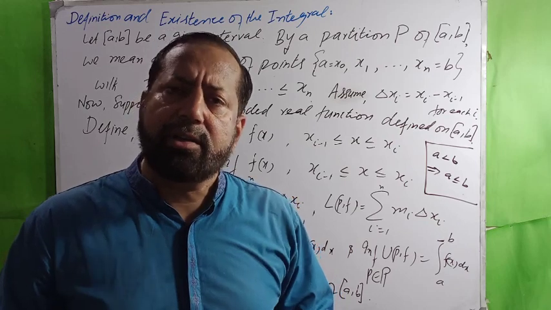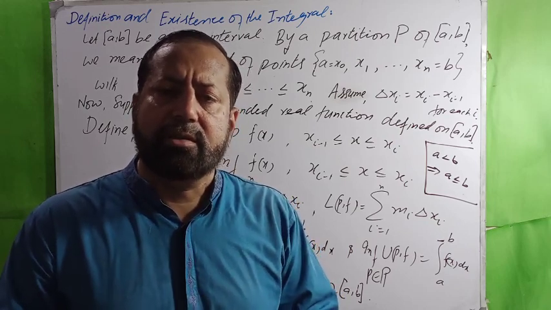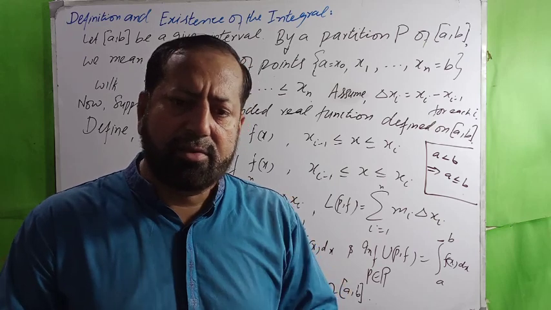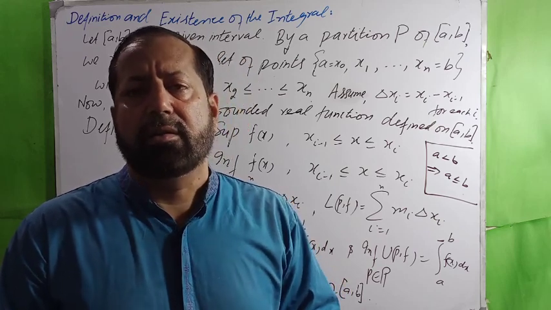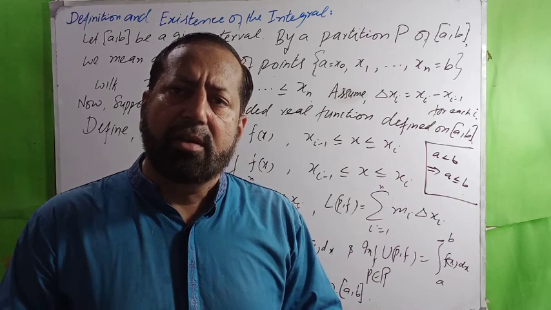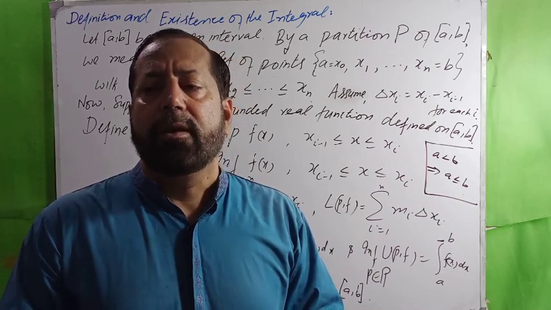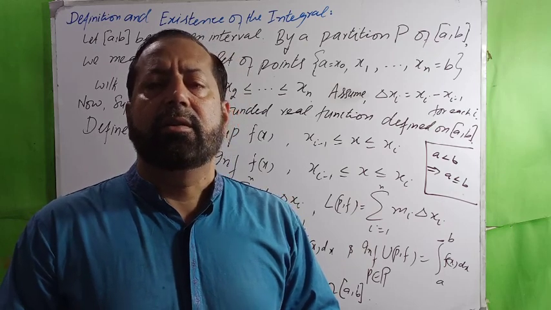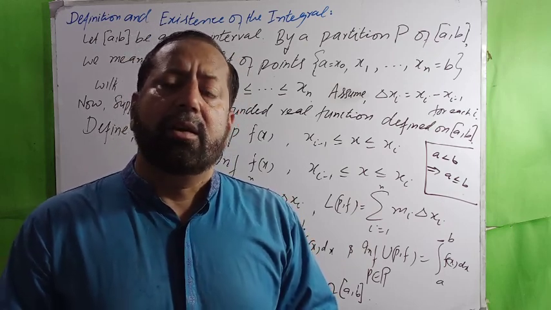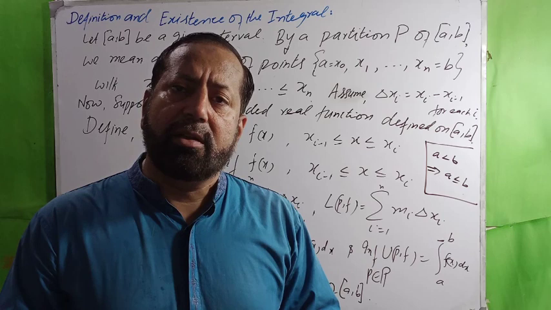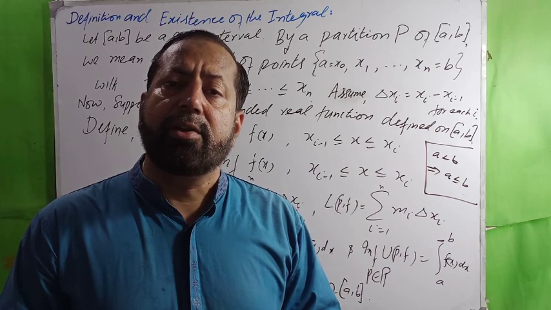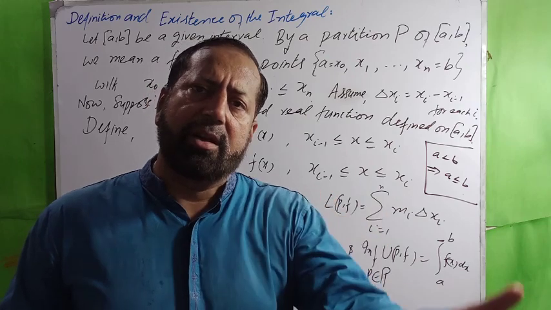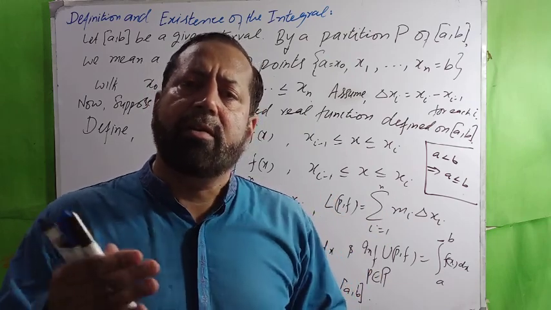We use the same idea in defining the union of two sets A and B. If x belongs to A, then x is in A union B, and similarly if x belongs to B, then x is in A union B. A union B means A or B.